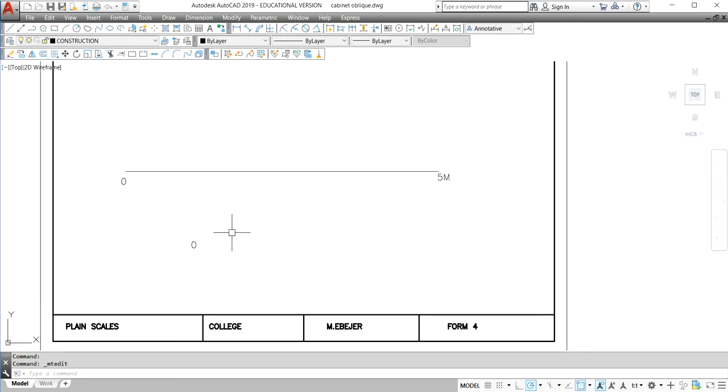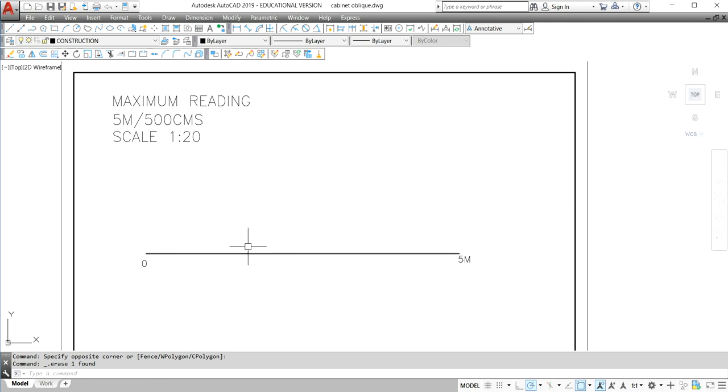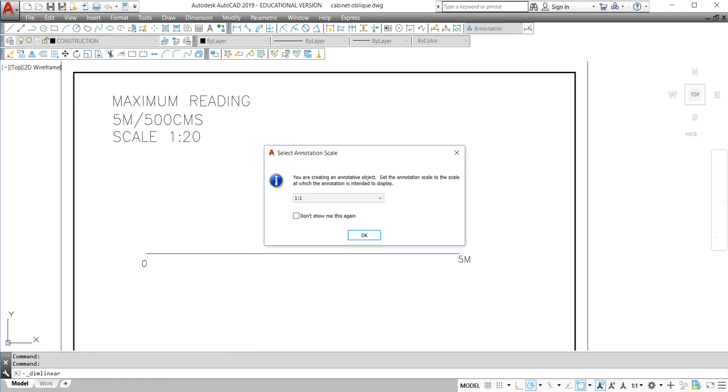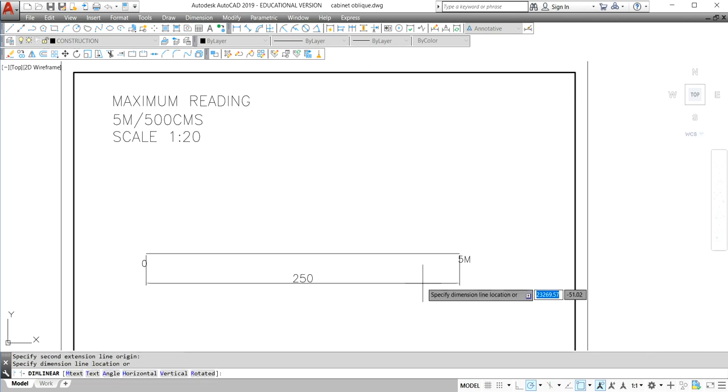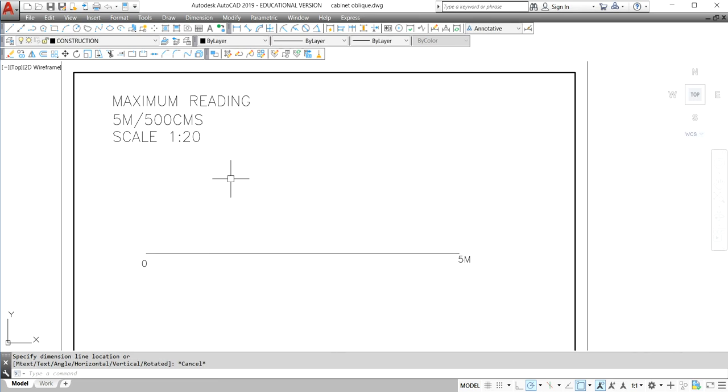As I said already, if we do this line wrong, the whole ruler will be wrong. So first you take the maximum reading and divide it by 20, which gives us a line of 25 centimeters. Here, never write 25 centimeters because it is confusing. Just write 0 and 5 meters.